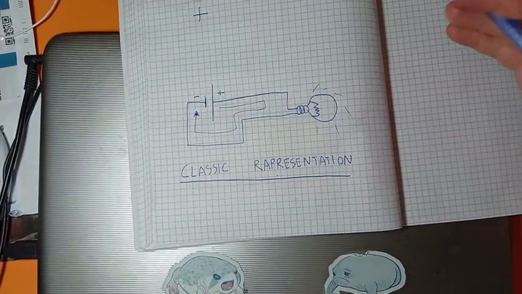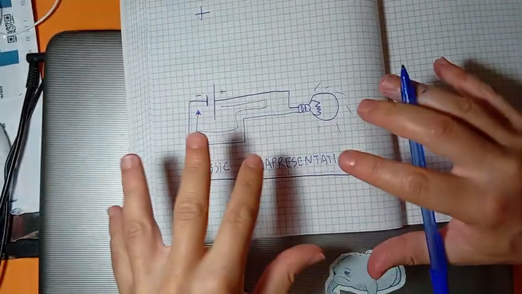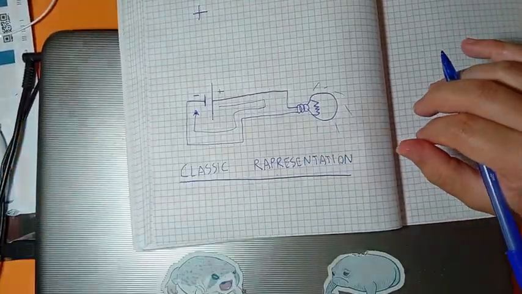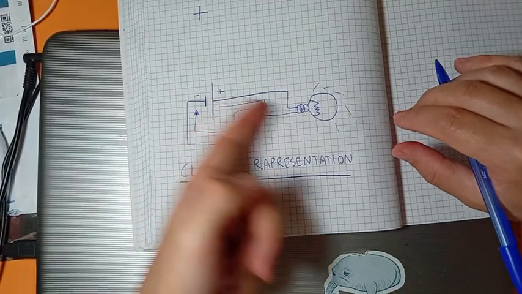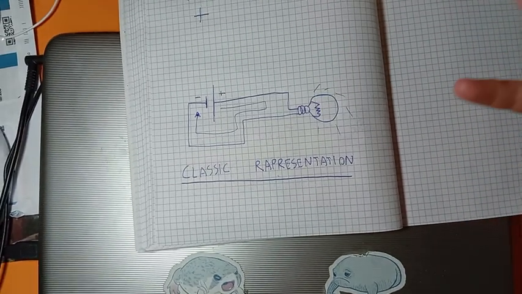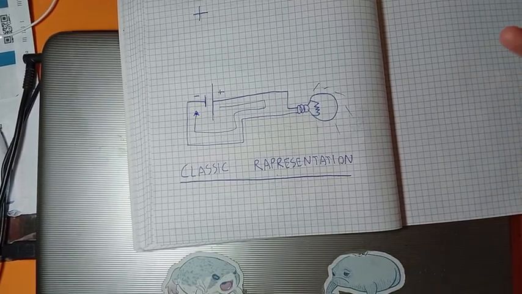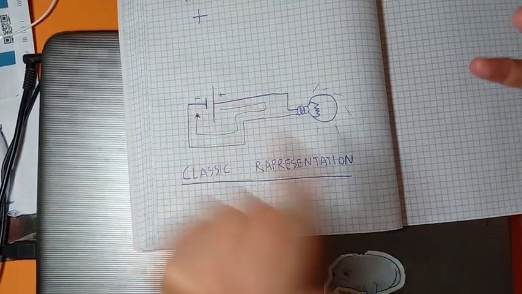Some time ago, well, really a long time ago, the earliest people who studied this kind of thing believed that electricity moves from positive to negative. They believed this. Recently, they discovered that that's not the case. It's actually the opposite. Electrons move from negative to positive.